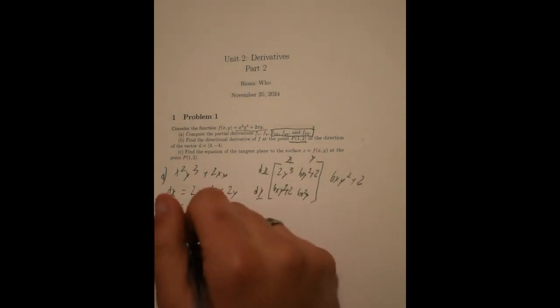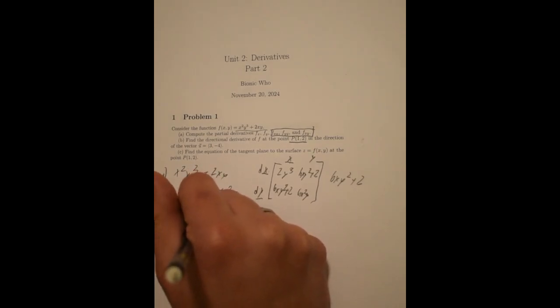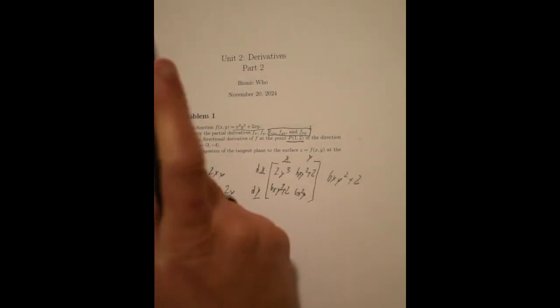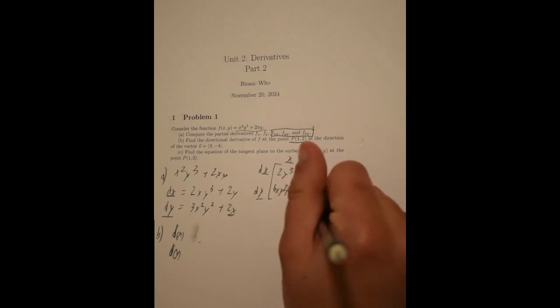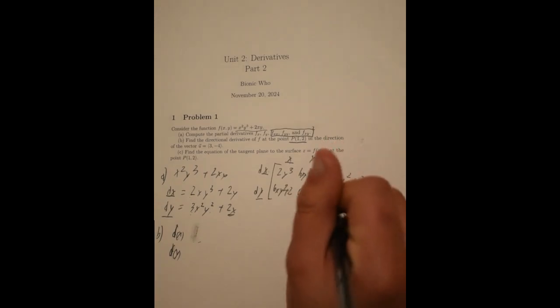So we take those values and say, okay, our p is equal to 1, 2. This is x and this is our y.